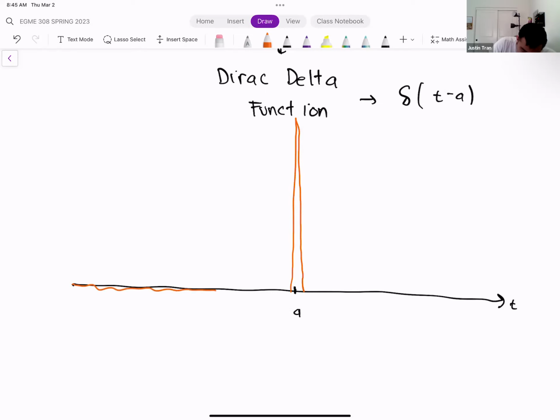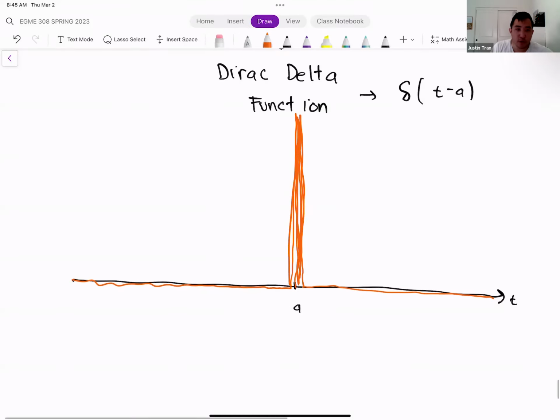The function is 0 everywhere else, and when t is equal to a, it spikes up. In reality, it's really just a spike that occurs at just an instantaneous time. Everywhere else this function is 0 except at the time a.